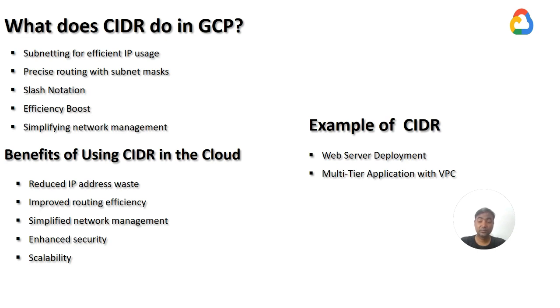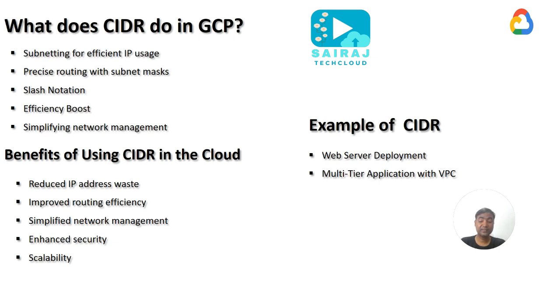Then granular security: implement firewall rules based on subnet membership, allowing web servers to access databases only through the dedicated database subnet, restricting unauthorized access. Efficient routing: routers can quickly identify the destination subnet based on the CIDR notation, directing traffic efficiently and minimizing network overhead.